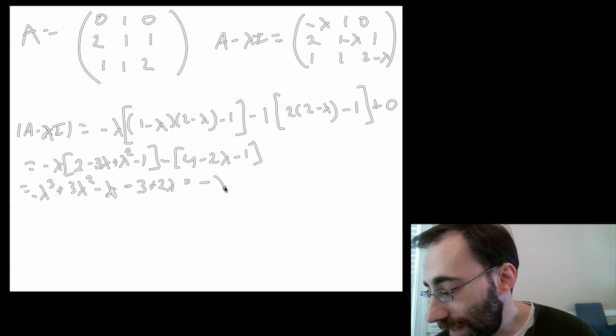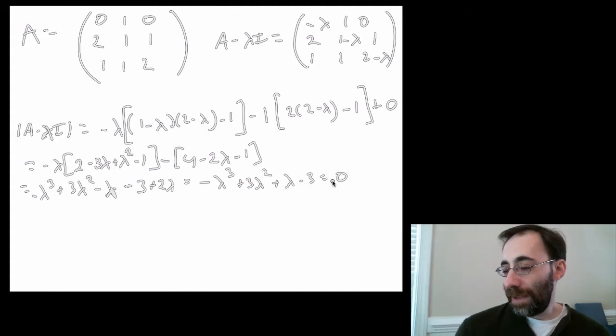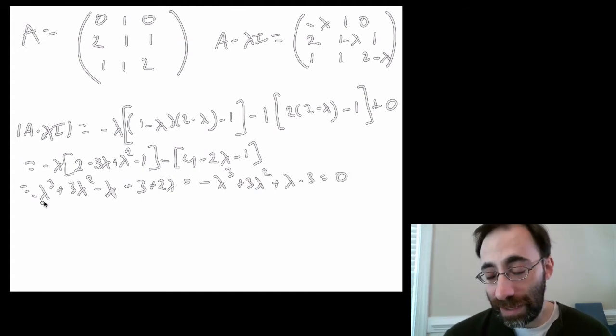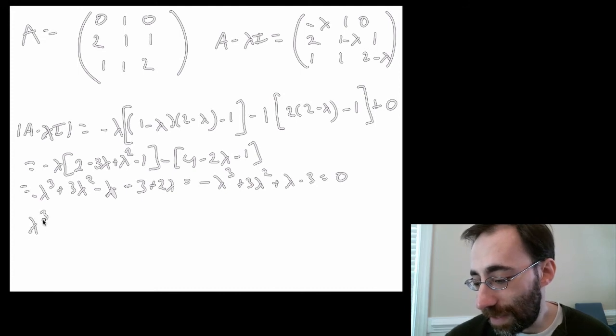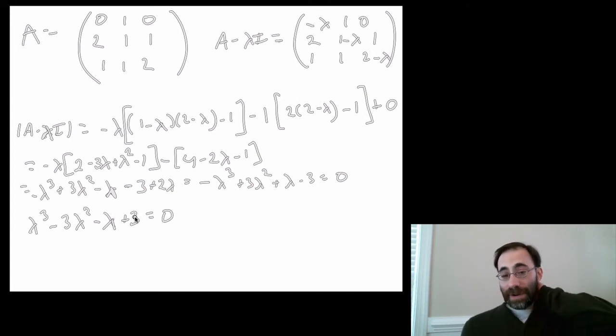So finally we get negative lambda to the third plus 3 lambda squared plus lambda minus 3 equals 0. And to make life easier, get rid of the negative sign. So you have lambda to the third minus 3 lambda squared minus lambda plus 3 equals 0. And there you go.